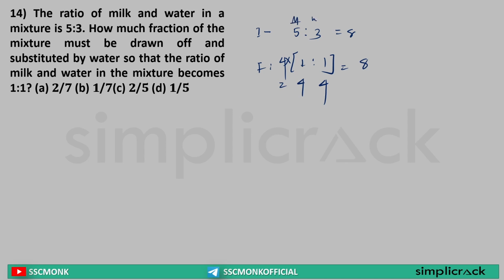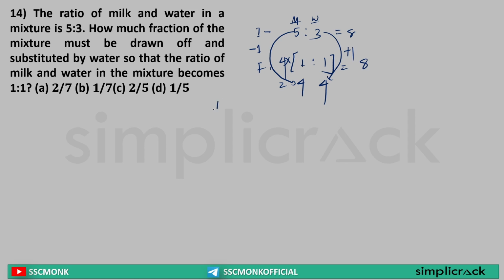Yes or no? Yes. What happened, sir? Here some fraction of mixture was drawn off and added by water. Sir, 5 becomes 4, how much taken out? Minus 1. 3 becomes 4, how much added? Plus 1. That means the same process is going on in both cases.